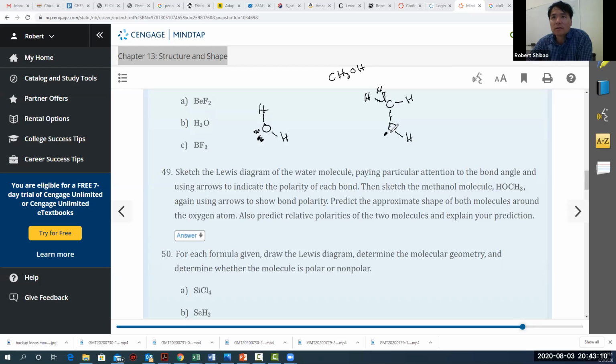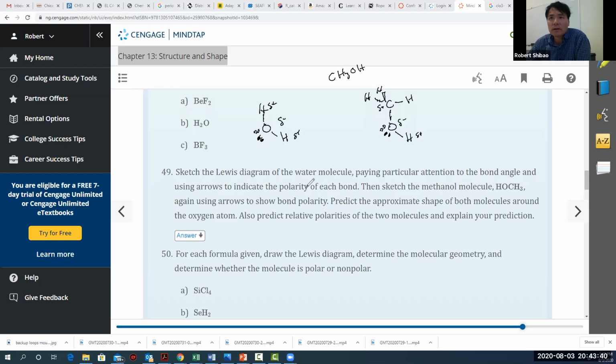Now, methanol and water are very similar. The reason is because of this. The oxygen is going to build up negative charge, and the hydrogens are going to build up positive charge here. Carbon and hydrogen have similar electronegativities, so this carbon is also going to build up positive charge here.